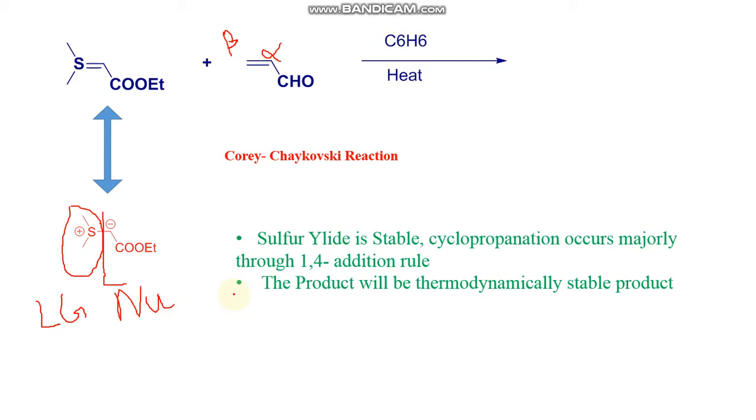So cyclopropanations occur majorly through the 1,4 addition rule, because heating suggests that this will give a TCP, a thermodynamically controlled product, the more stable product, with more time and more reaction conditions like heating. So this will give TCP, which is 1,4. TCP always happens by 1,4 addition and the product will be thermodynamically stable.